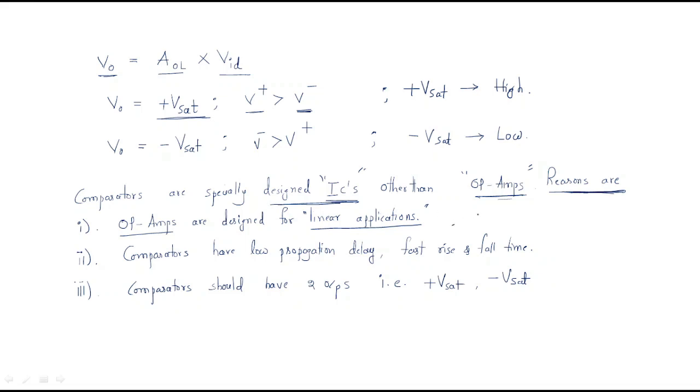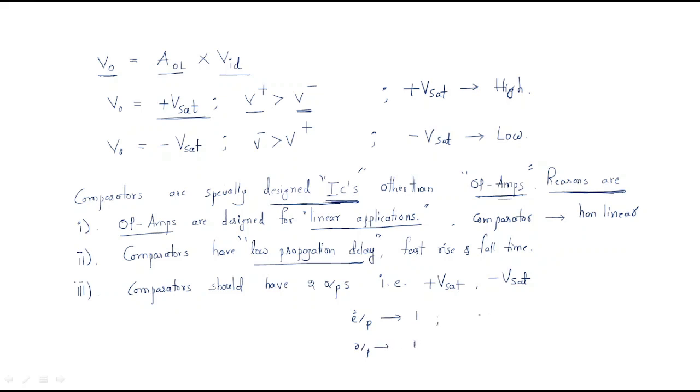But a comparator is generally a non-linear application. Comparators have low propagation delay. It requires very low propagation delay, so we give some input and at that exact time we should get the output.